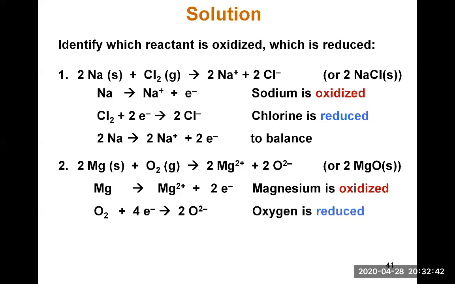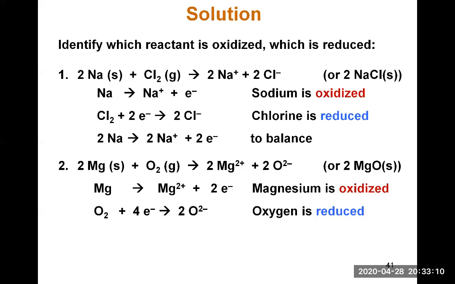Oxygen gains 4 electrons to become 2 oxide ions. Again, oxygen is a diatomic molecule, so it will split into 2 oxygen atoms, and each oxygen atom will gain 2 electrons. And so you will form 2 oxide ions. So oxygen is reduced, it gained electrons.